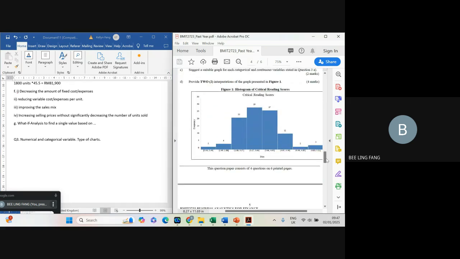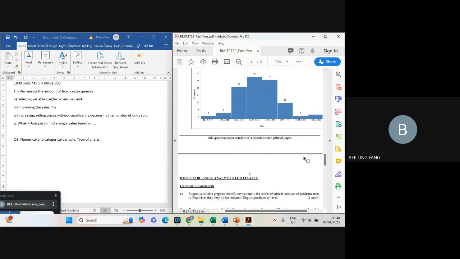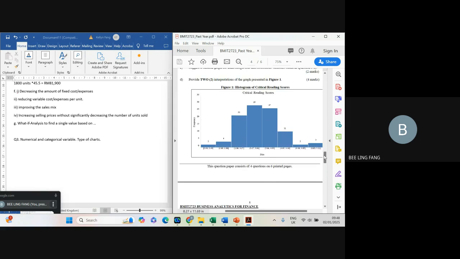Okay. So interpret the histogram. You can see the distribution shape. You can comment on the distribution shape. Is it a normal distribution or skewed and so on, right? Then you can focus on, because it's how many marks? 4 marks, right? So you can talk about the highest and lowest. Yeah, in what range?